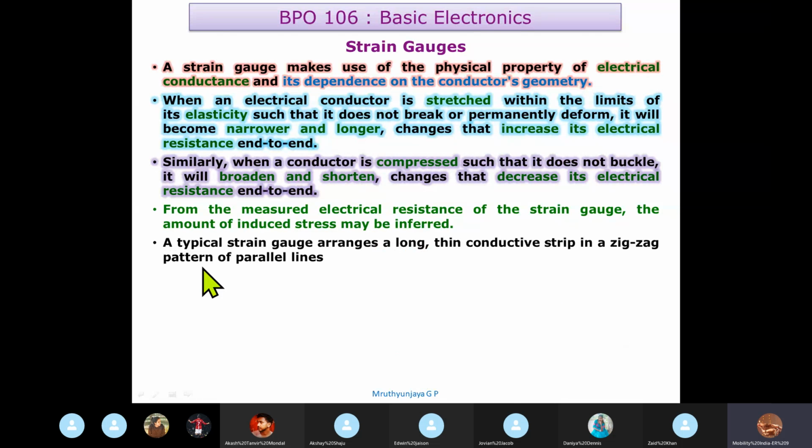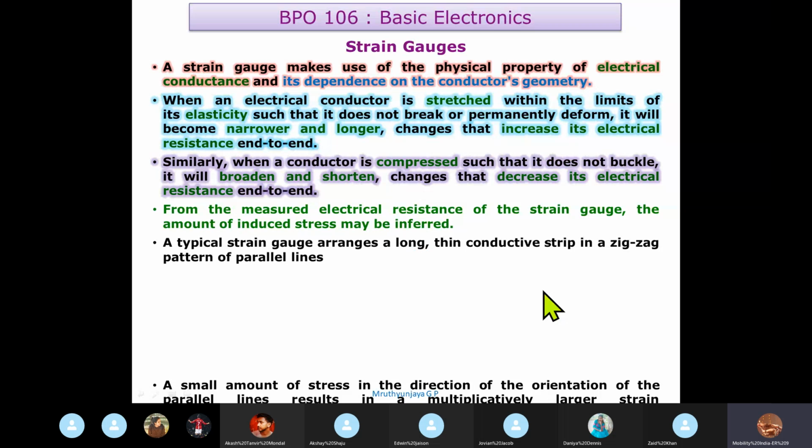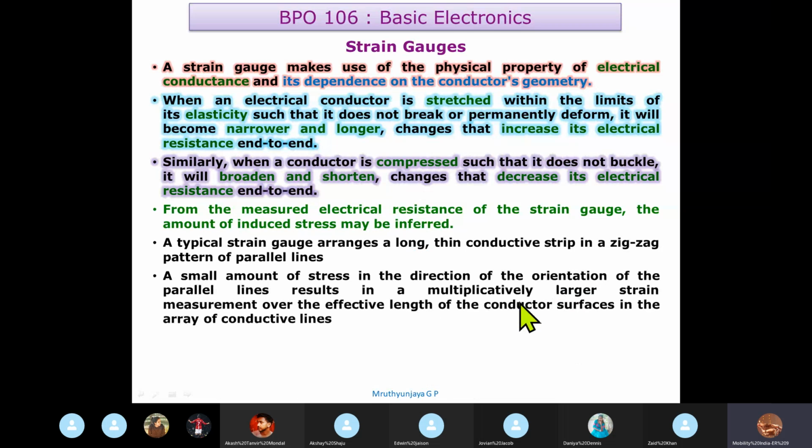Construction-wise, a typical strain gauge arranges a long, thin conductive strip in a zigzag pattern of parallel lines. A small amount of stress in the direction of the orientation of the parallel lines results in a multiplicatively larger change in resistance, because we are increasing the length by arranging it in a zigzag fashion. I'll show the diagram also.